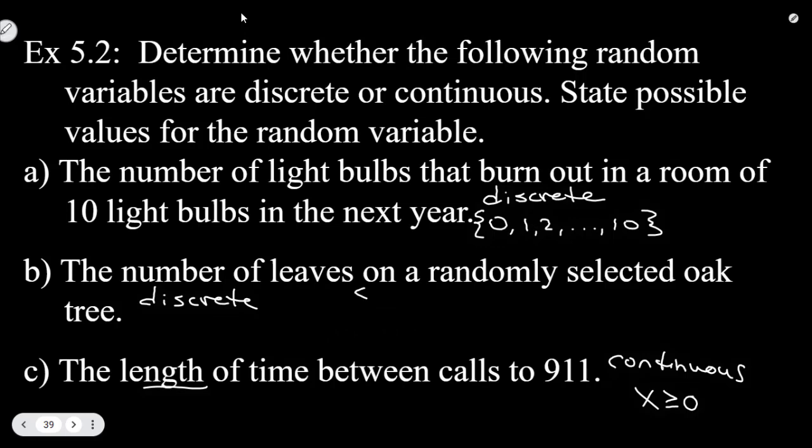Here it's just any values that are greater than or equal to 0, not only integers. You can't have negative time, but that would be our answer to part C.